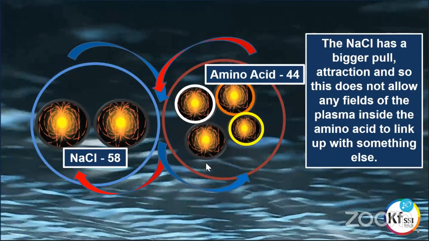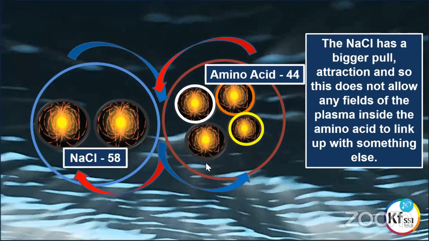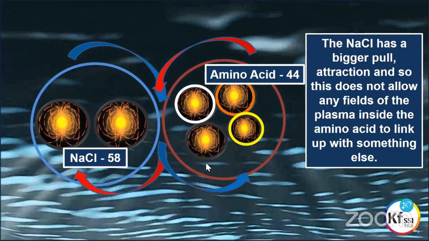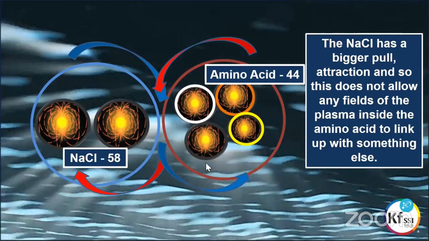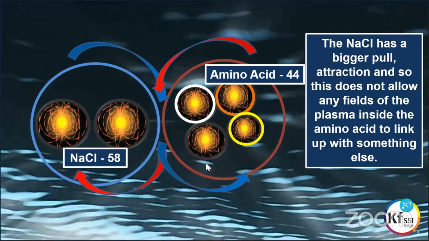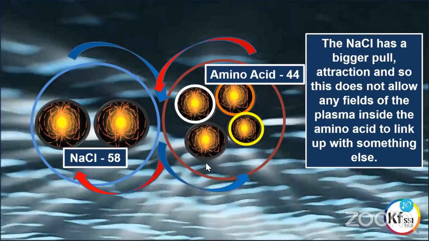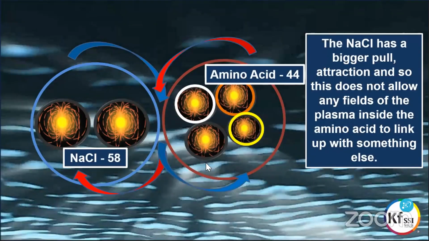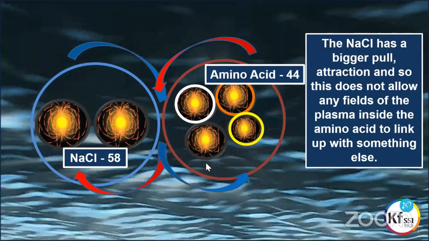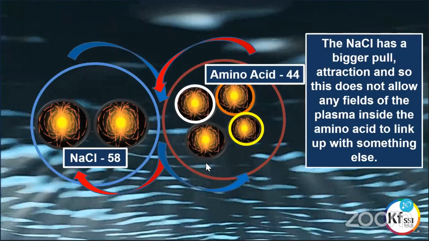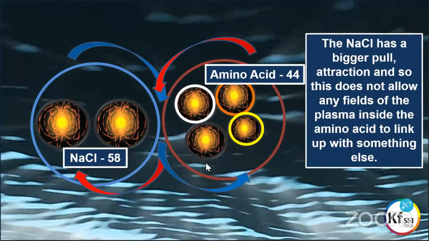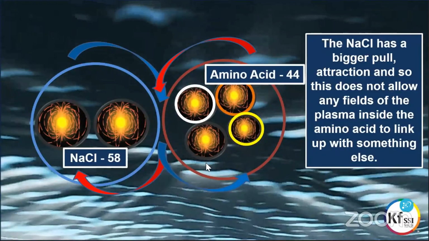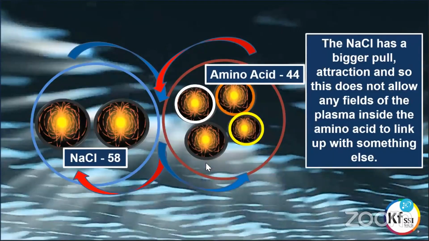From a health perspective, this is quite important to understand, and even when we start delving into the agricultural understanding of what's happening inside of a plant, we have to look at it on this basis. So it's essentially two plasmas, two magnets, and we can view the sodium chloride as the slightly bigger one, with that bigger attraction and pull on our amino acid, and so we get the link up with our amino acid with the salt solution.